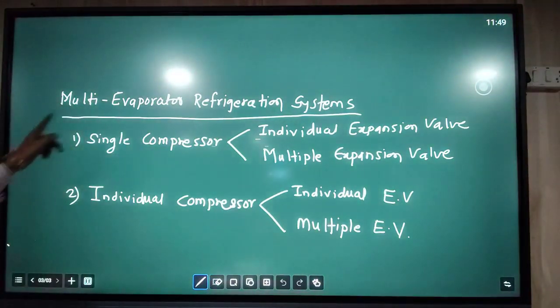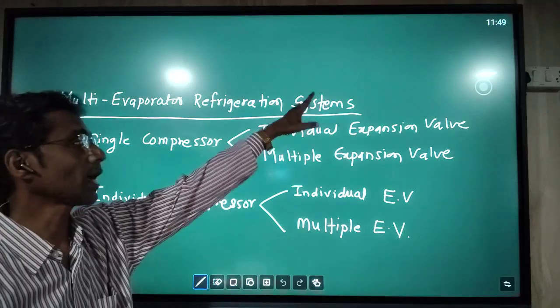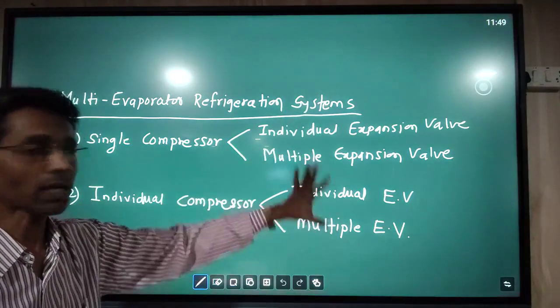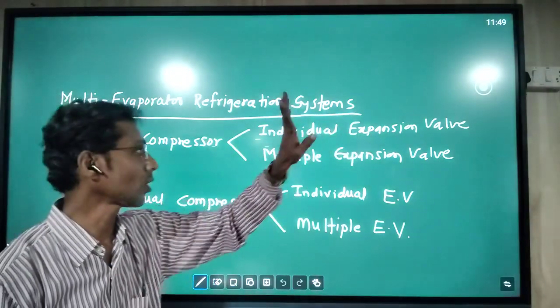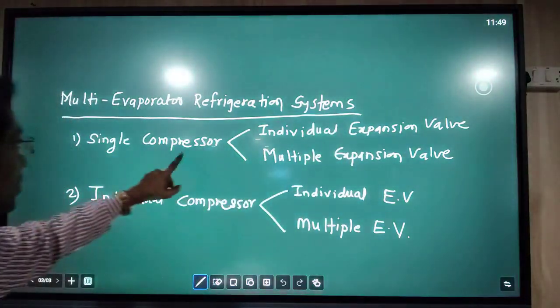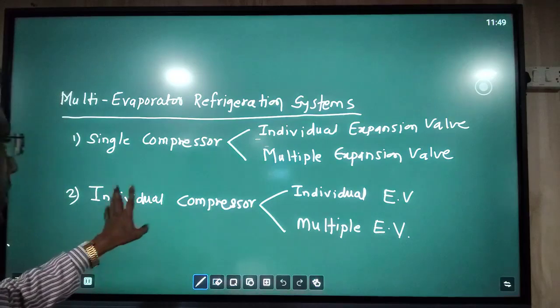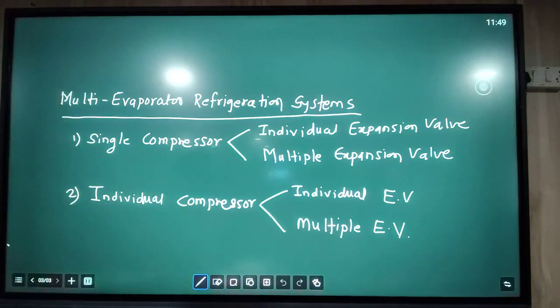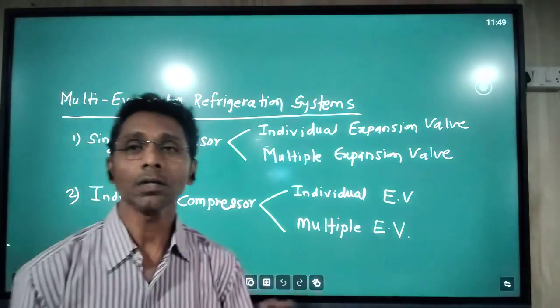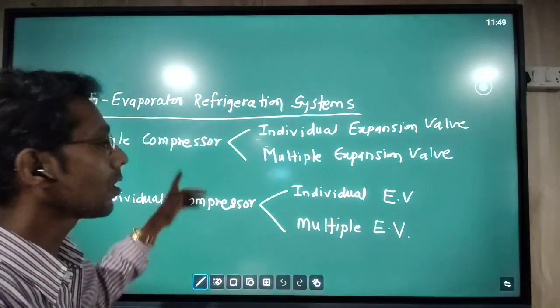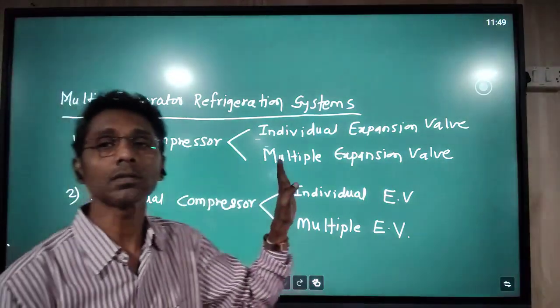So the multi-evaporator refrigeration system has mainly four types: individual expansion valve and multiple expansion valve with single compressor, and the same with individual compressor. So now in this session we will stop here. In the next session we will see in detail all the systems that we discussed in this session.